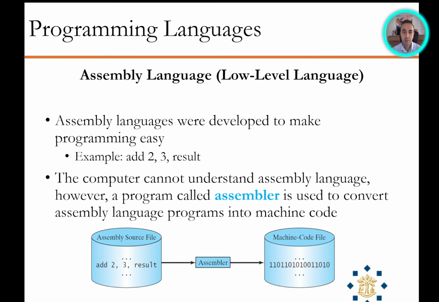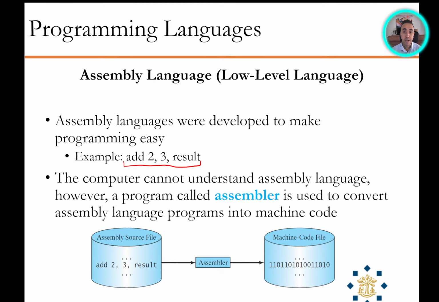We are going to use some other type of programming language. There is another type of programming language that is called a low-level language or an assembly language. They are developed to make programming easier. So compared to 1101 that you see, an example in assembly language looks like this: Add 2, 3, result. Okay.